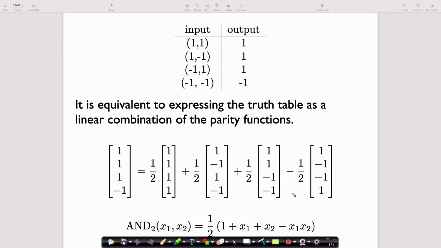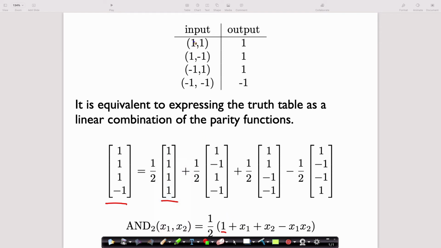I claim that this is how we can express the AND function as a linear combination of the parity functions. Here I have the truth table of the AND function, and here I have the truth table of the constant 1 function, right? And the truth table of the function which just returns x1.